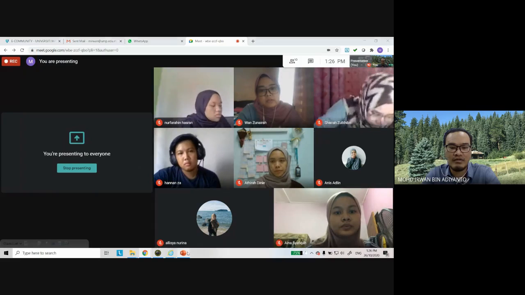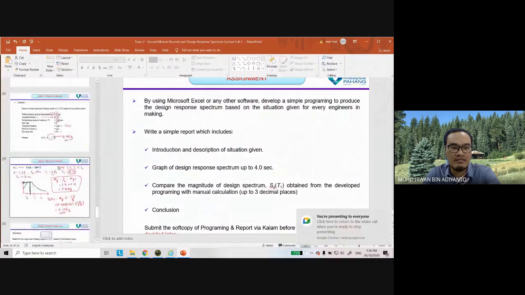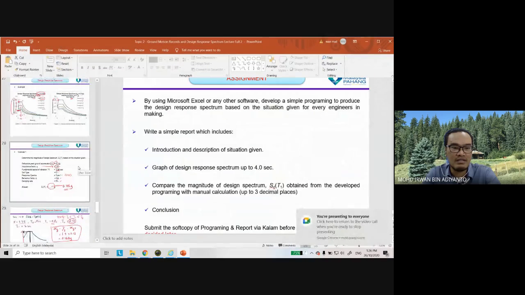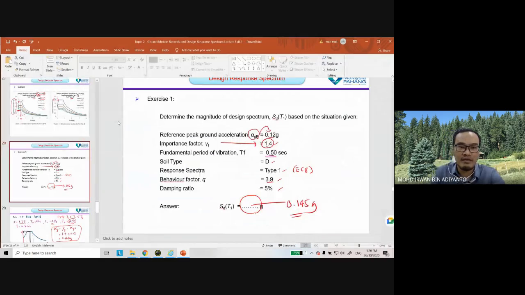For exercise number 1, you can change the value up to maybe 0.16 G, and similarly for exercise number 2 and number 3. What happens if we increase the alpha GR?